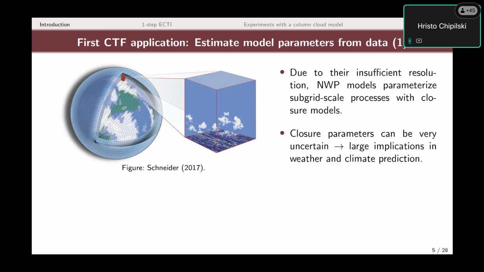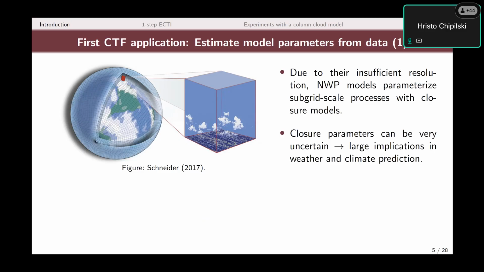The problem I would like to address here as a sort of application of these new approaches is using the new conjugate transform filtering approach to estimate unknown parameters from data. This is a pretty standard problem in the Earth system community where we need to somehow represent these subgrid scale processes using observations, for example, from satellite data.